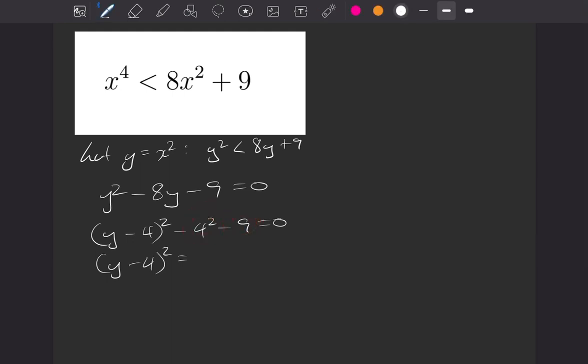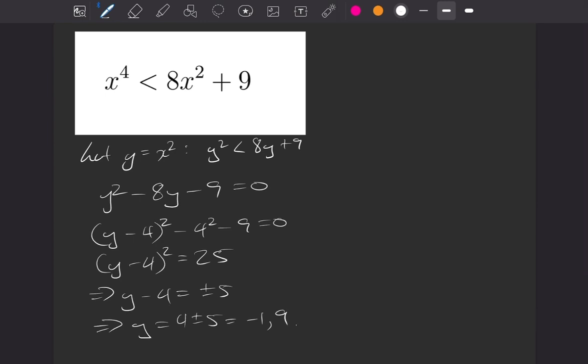So altogether that gives us 25. So let's square root both sides. We get y minus 4 is equal to plus or minus 5. And then when we add the 4, y is equal to 4 plus or minus 5, which therefore tells us that y is equal to either minus 1 or 9.